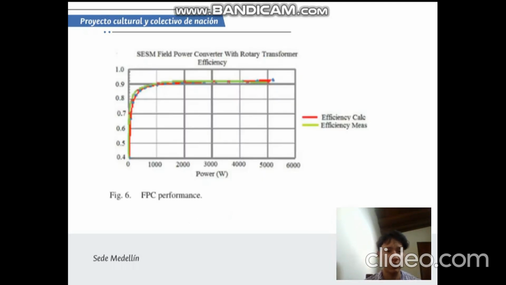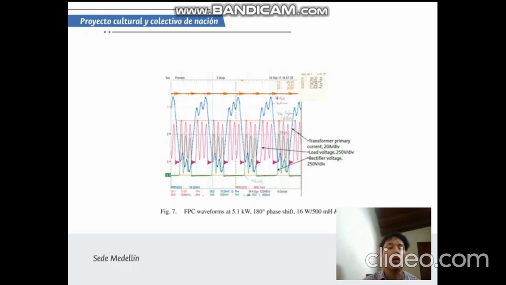Now the SE-SM and FPC experimental results. The FPC performance includes the transformer and rectifier under load and minimum input voltage. Figure 6 shows the simulated efficiency, which compares well with the measurements on the same design, and an efficiency greater than 92% is achieved.